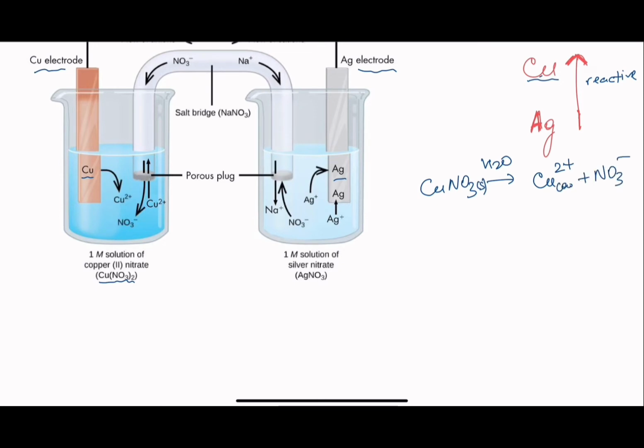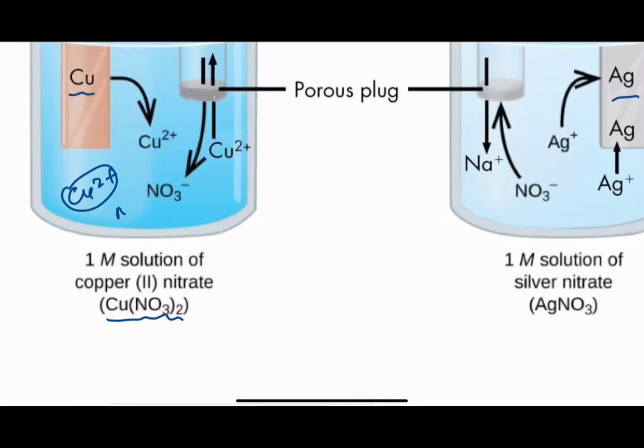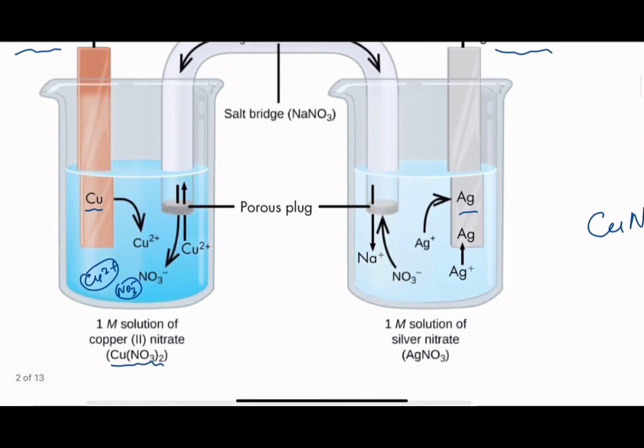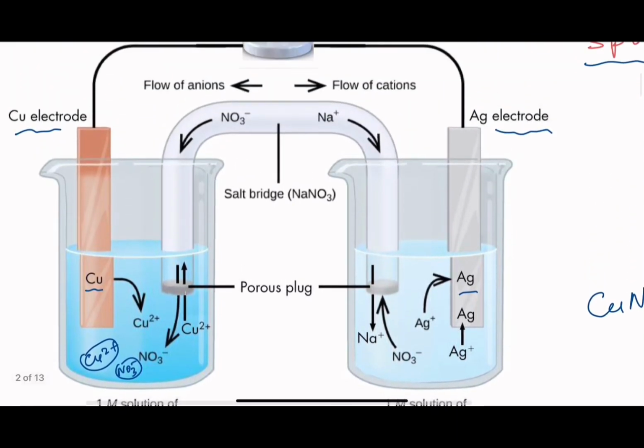Okay, they are all aqueous solutions. And as you can see, we have many copper 2+ ions in here, and then lots of nitrate ions, going all over the place. Okay, so what we did, we had this copper electrode and we dipped this metal inside this copper solution.